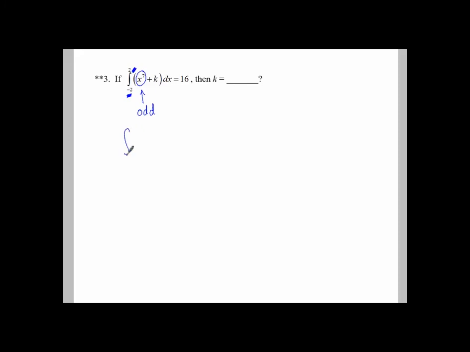So if I think of this as two separate integrals, the integral from -2 to 2 of x to the 7th dx plus the integral from -2 to 2 of k dx, then using the shortcut that this net area will be 0, the net area will be 0, I really only have to do this antiderivative.